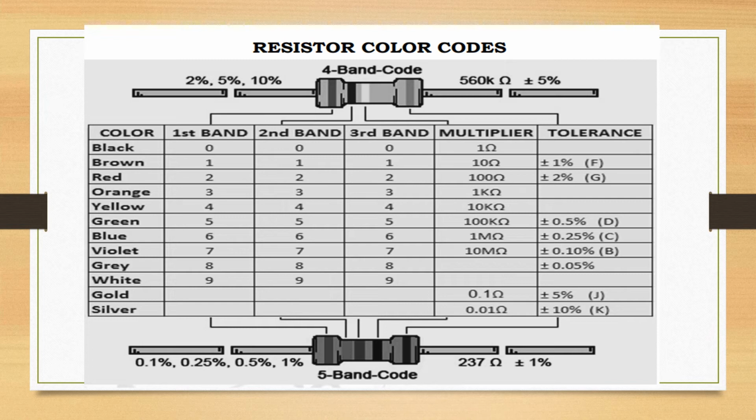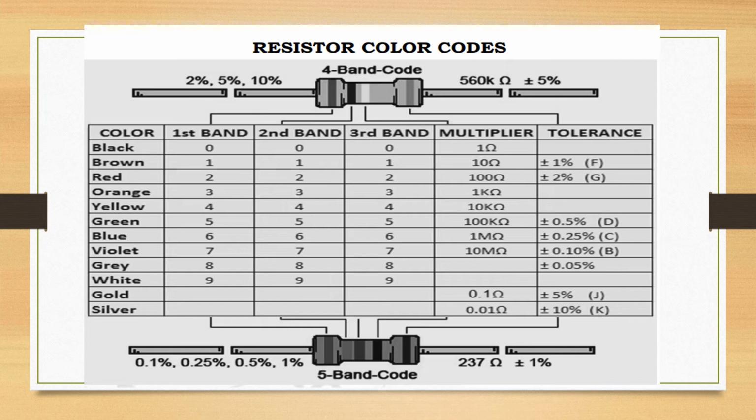The multiplier is 10 ohms. The tolerance is plus or minus 1%. For red, first to third band, it's 2, its multiplier is 100 ohms, and the tolerance is plus or minus 2%.